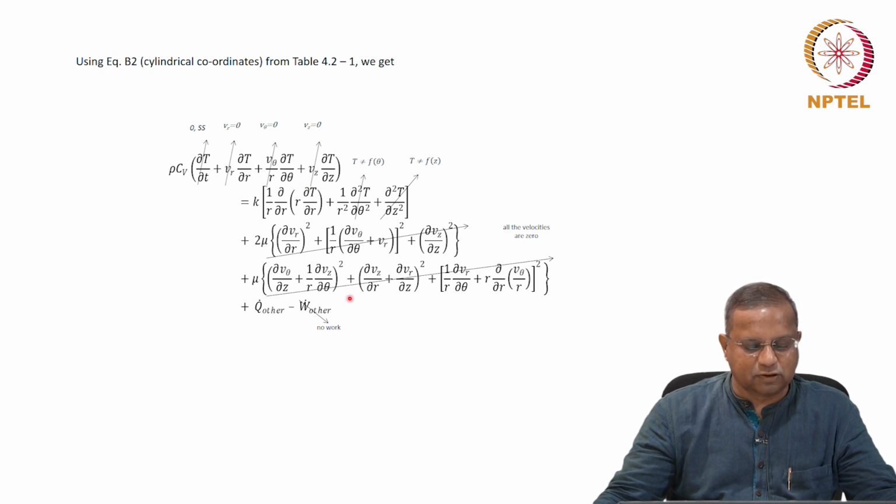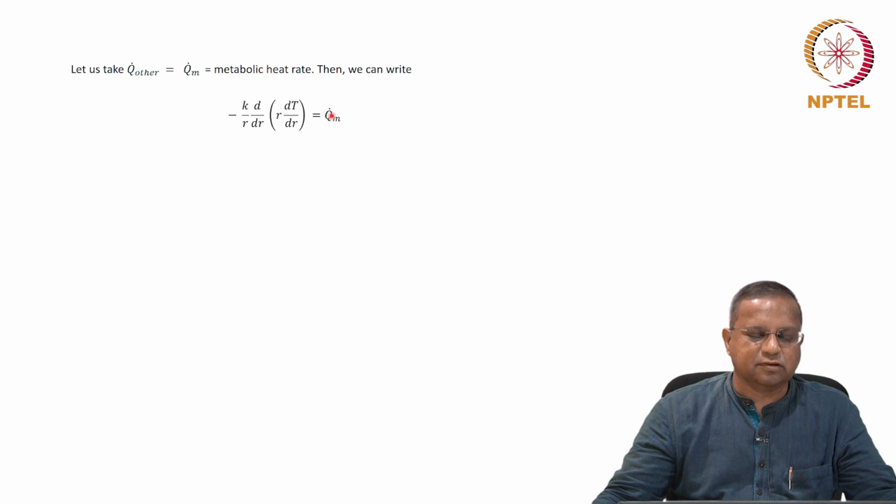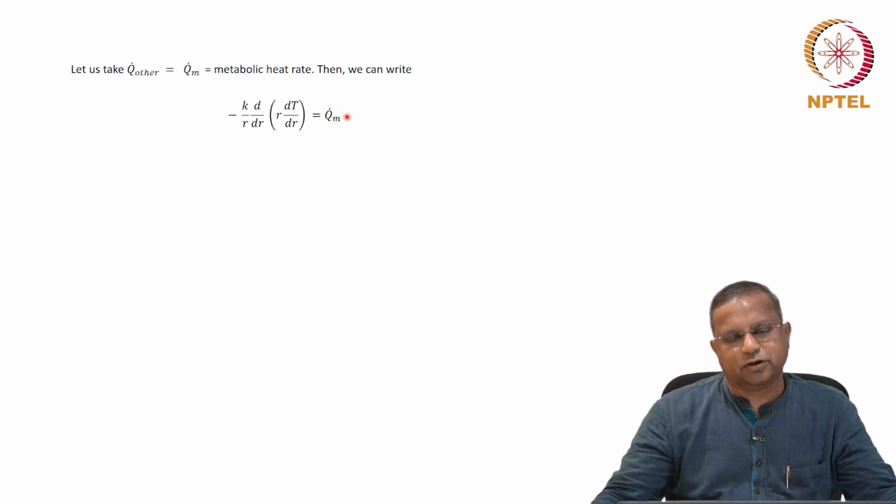Here you have Q dot other, both on the same side, therefore they will be negative if you take it to the other side. So that is what has been done here: minus negative k by r d dr of r dT dr. R is the only variable here, so the partial derivatives have been converted to total derivatives, ordinary derivatives, whatever you want to call them, equals Qm dot. So this is the equation which describes whatever is happening.